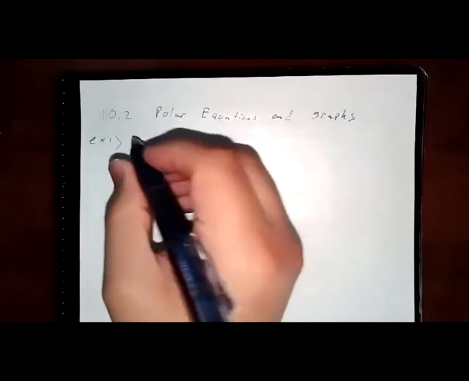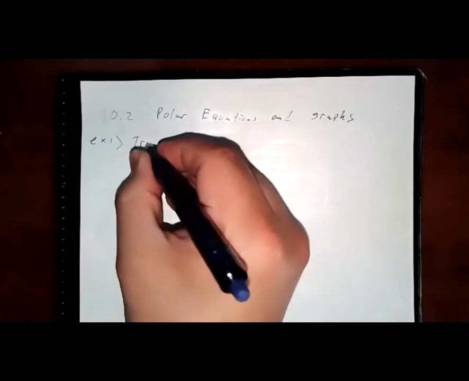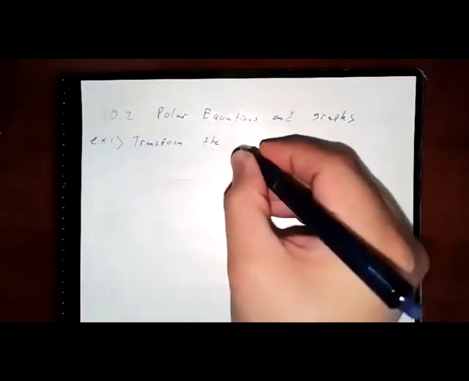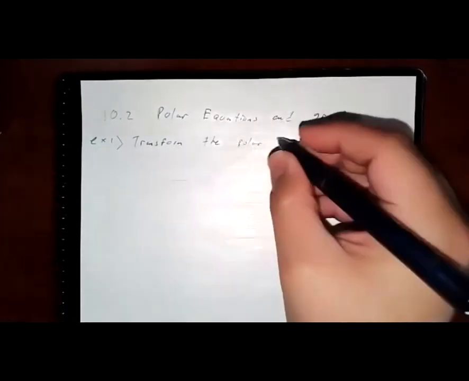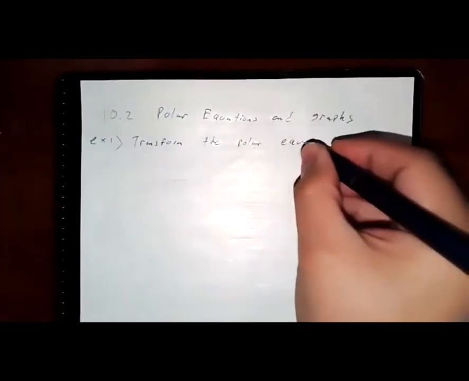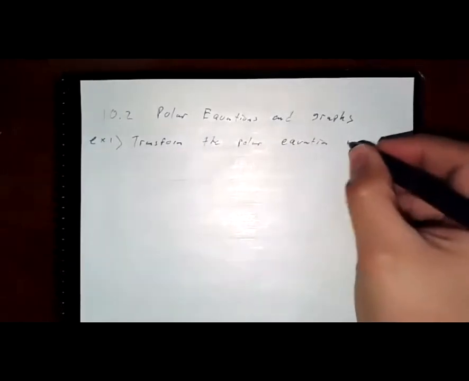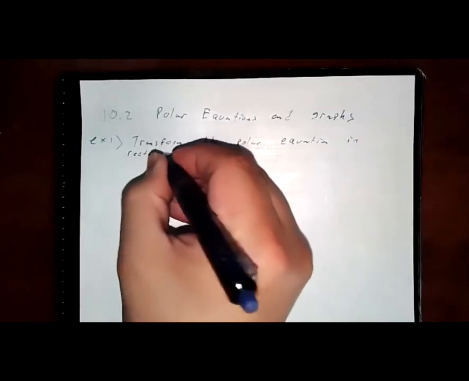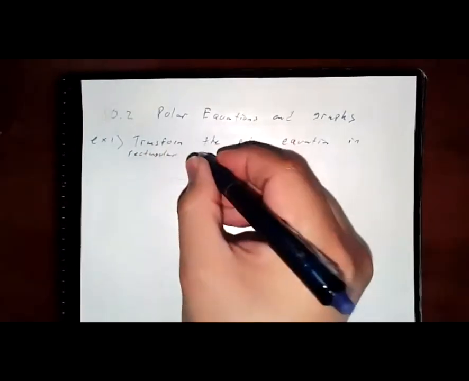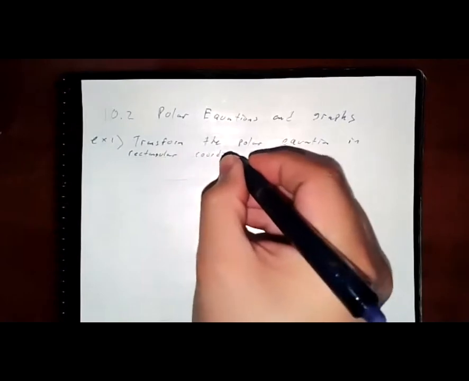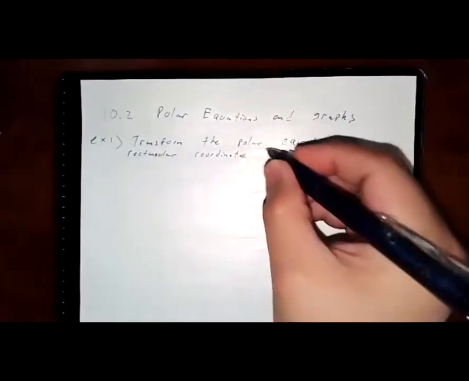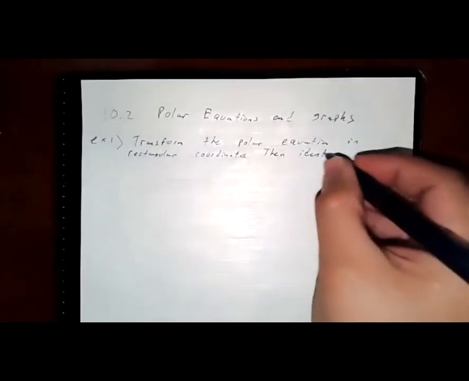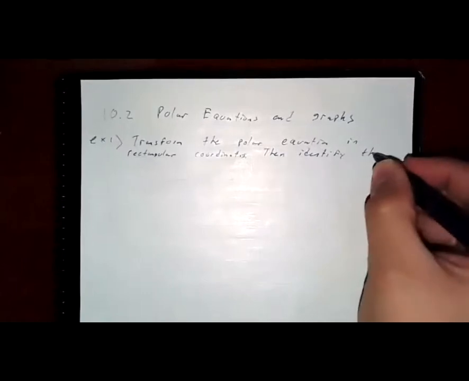All right, so example 1 is: transform the polar equation to an equation in rectangular coordinates, and after you do that, identify the graph.